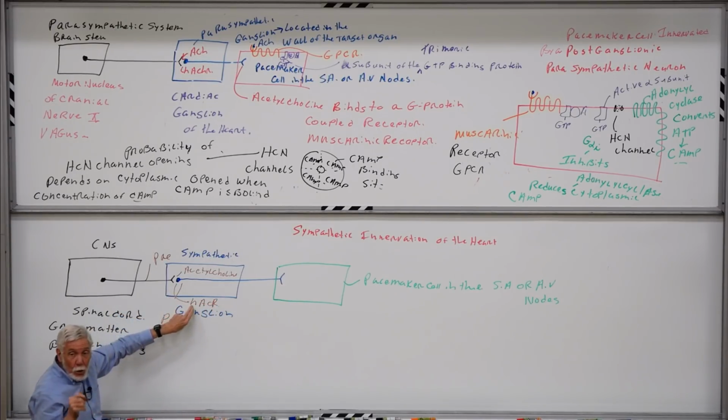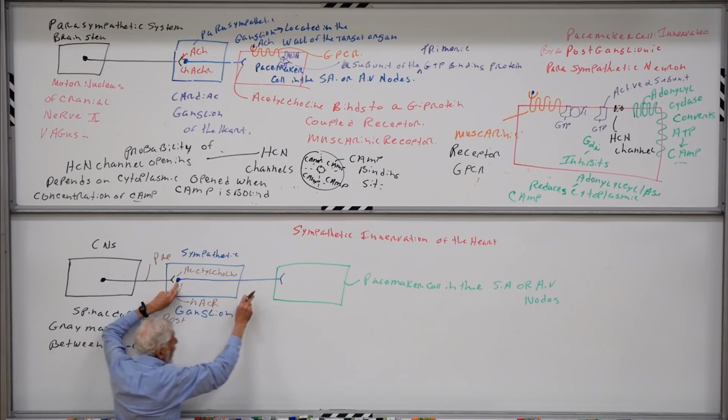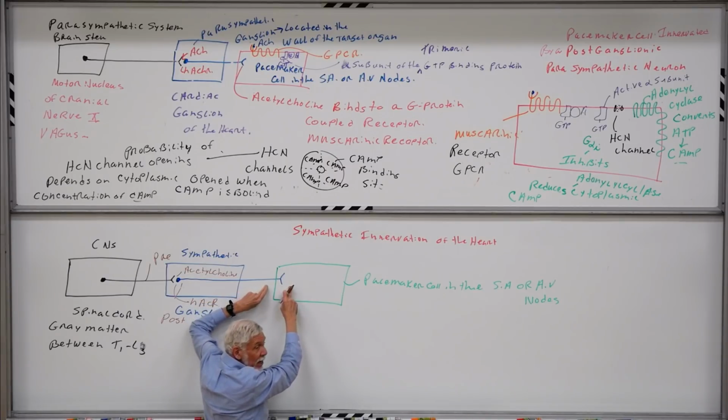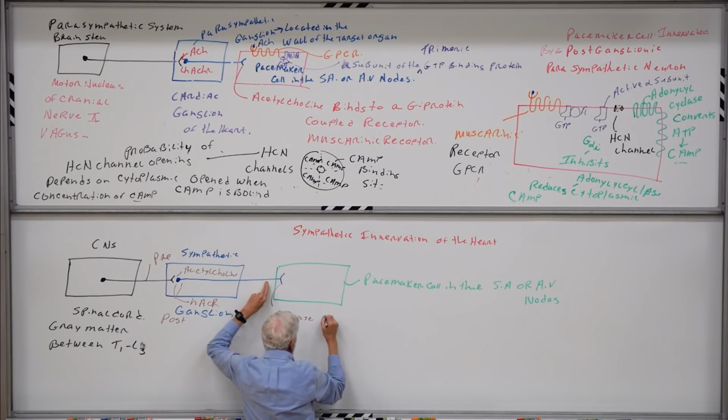These nicotinic acetylcholine receptors are ligand-gated ionotropic channels, so again, we generate EPSPs. If we have sufficient depolarization, the membrane reaches threshold, we fire action potentials. The action potentials now propagate down to the terminal. And again, as we've seen, these action potentials will release neurotransmitter.